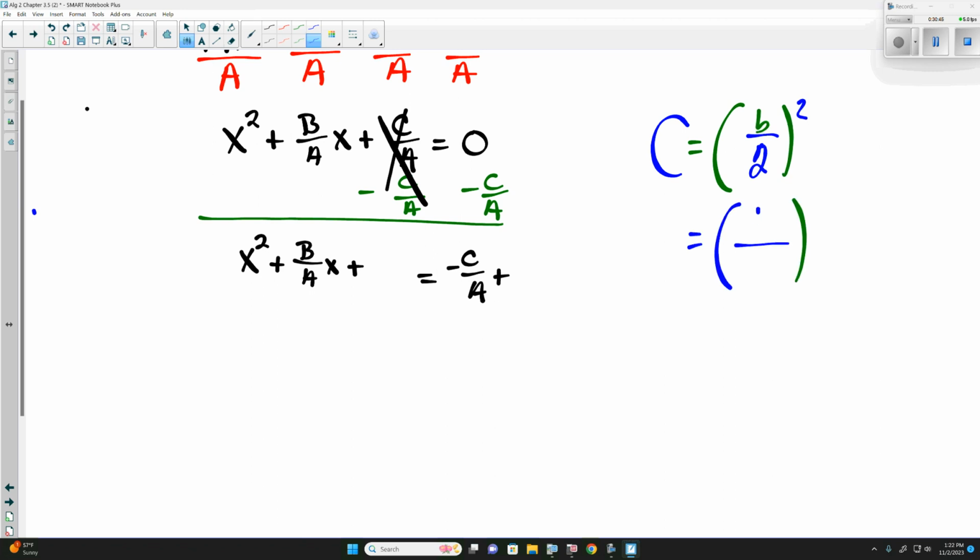This works out to be b over 2a, which when we square it is b squared over 4a squared.